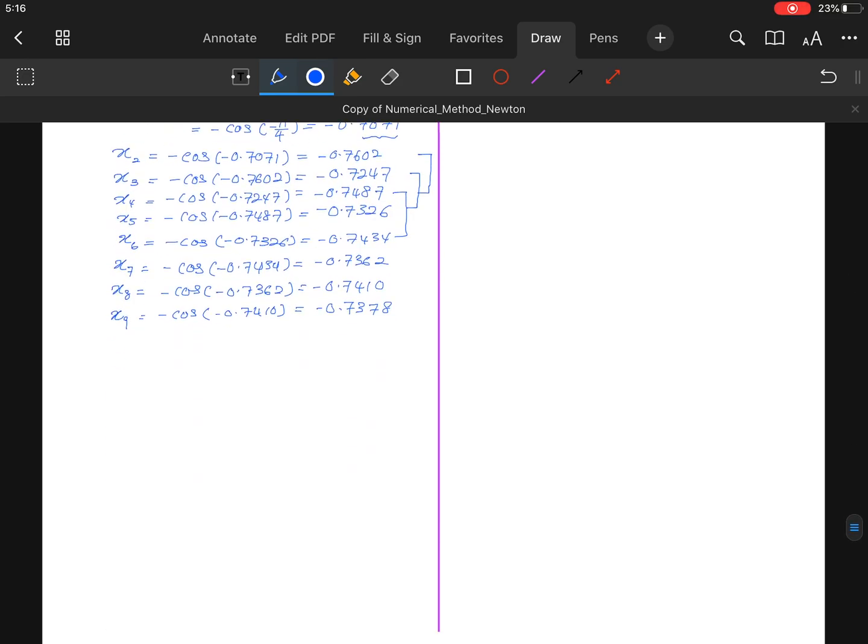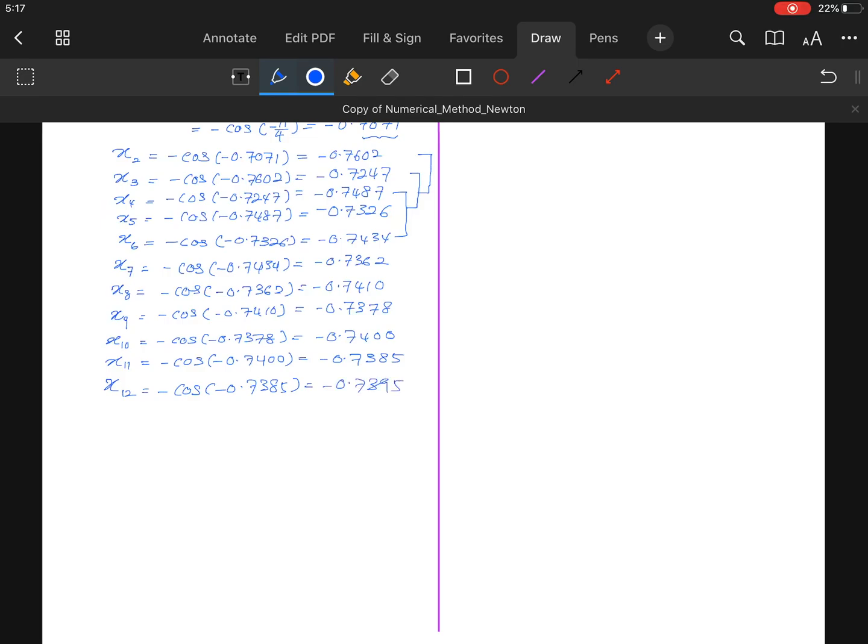Let's continue on. Negative cos of negative 0.7378 will give you negative 0.7400. Then x11 will give you cos of negative 0.7400, which is negative 0.7385. Continue on. Negative cos of negative 0.7385 will give you negative 0.7395.